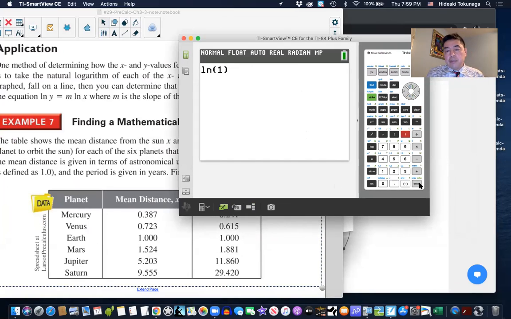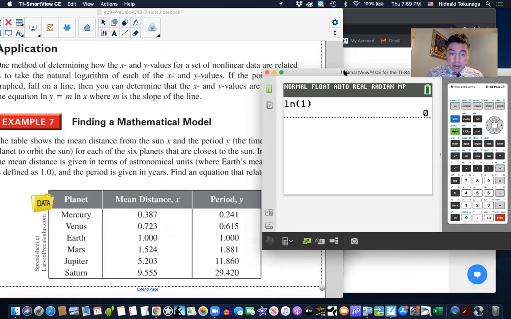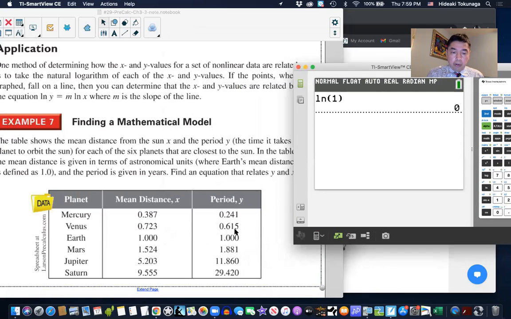It must be 0. So if you convert this to natural log, it's 0. Same thing for the period: Earth orbits the sun in 1 year, so the natural log value is 0.